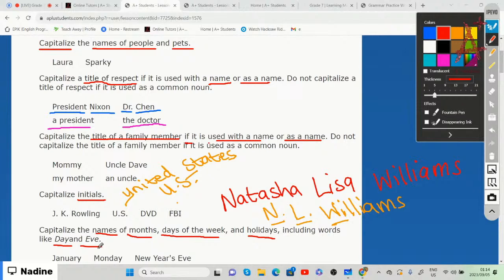That is, for example, if we make mention of a holiday, we also write the word Day as well as the word Eve with a capital letter. Like, for example, New Year's Eve, so we capitalize New Year's as well as Eve. Christmas Day, we capitalize it.